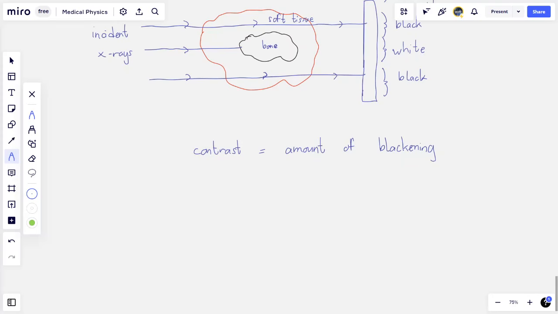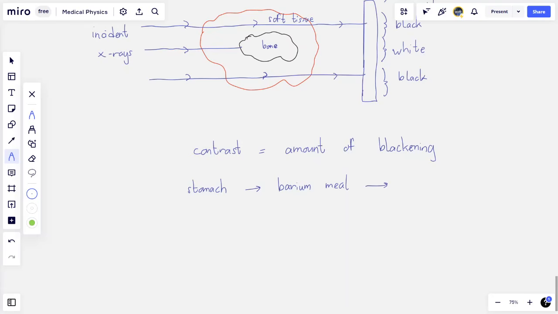But we don't always have to only image bone or hard or dense objects. We can even target stomach problems. If you want to look for an issue in the digestive tract, generally X-rays will pass straight through the soft tissue in the stomach and nothing would be visible. What we do is give a patient something called a barium meal, which is just a food that has a lot of barium in it.